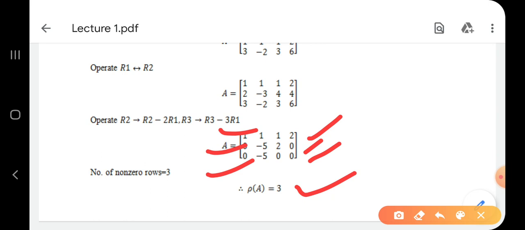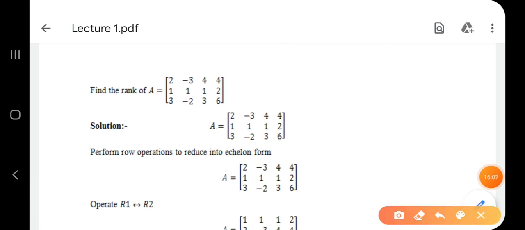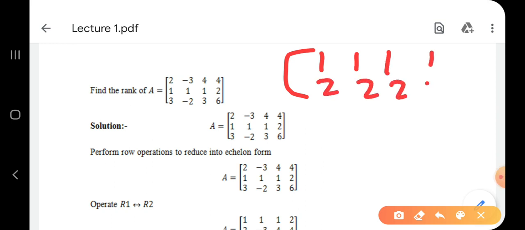Now I will take one more example to clear your concept. The example is very simple. I choose 1, 1, 1, 1; then 2, 2, 2, 2; then 3, 3, 3, 3.